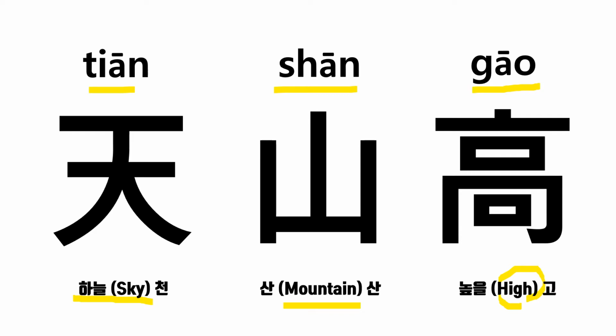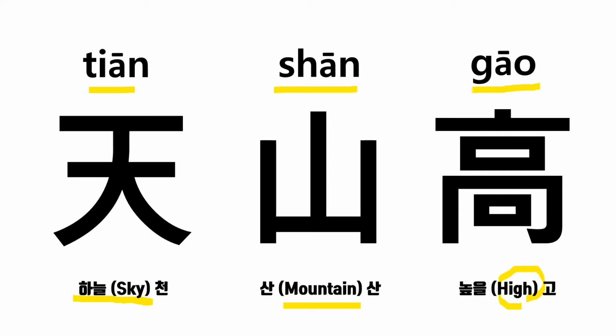If you think about it, the sky is high, and the mountain is high, and Gao, in itself, has the meaning of high.